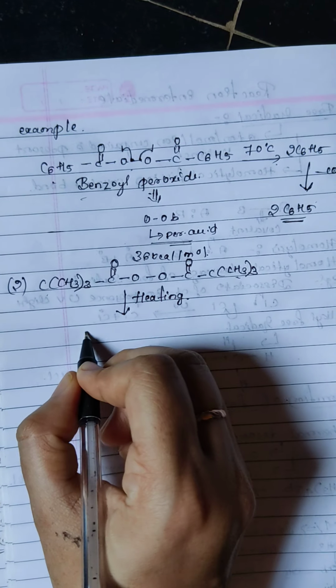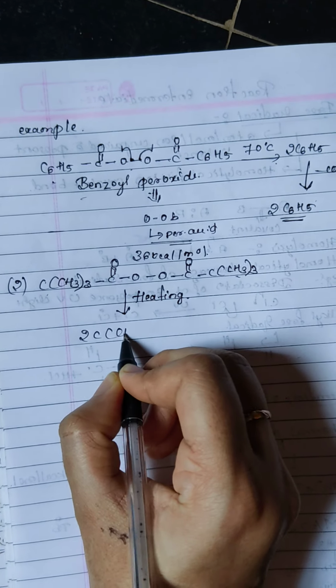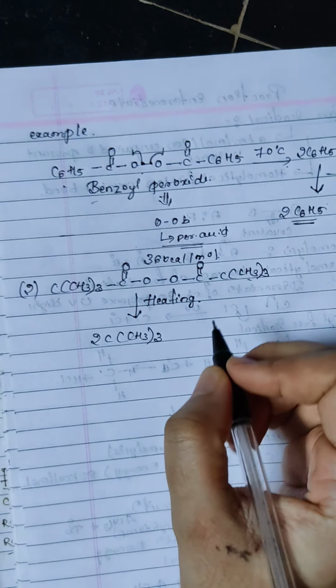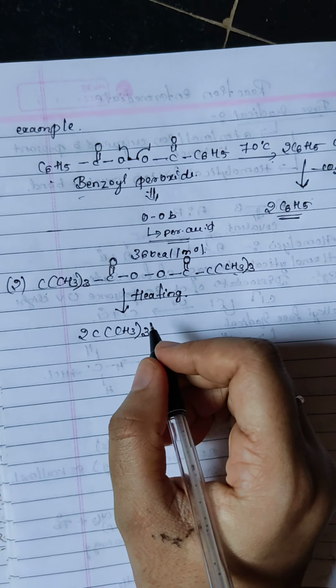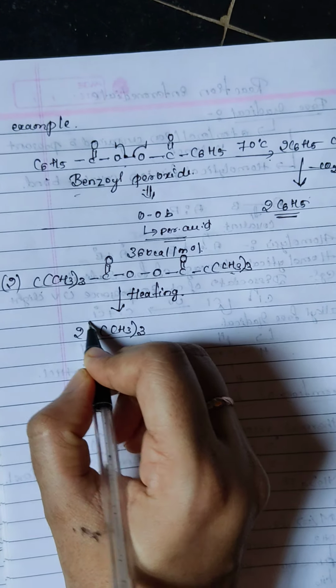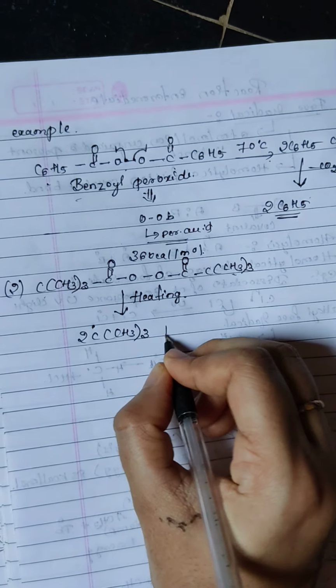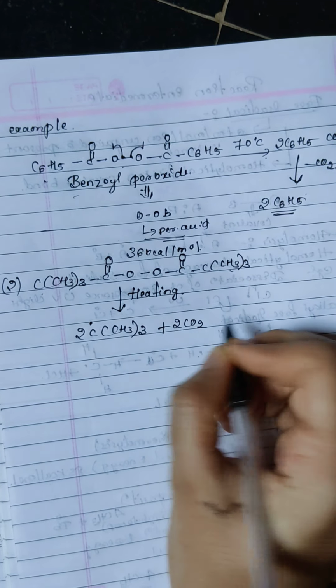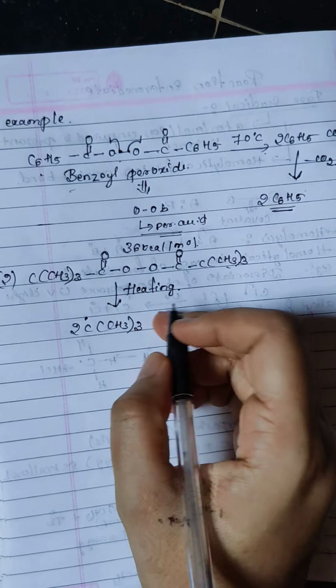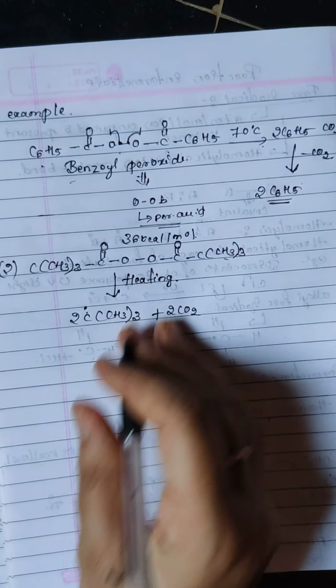2 (CH3)3C-O radicals, okay, and then the radical plus 2 CO2 further form radicals.